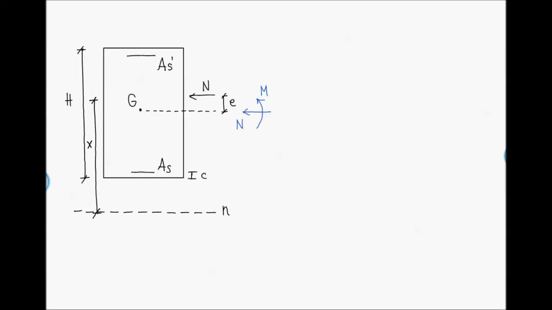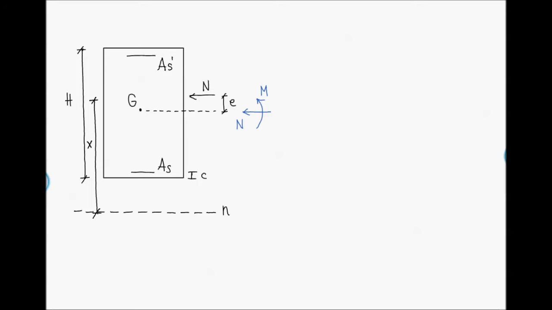Well, in this situation, the centroid of the ideally resistant cross-section is coincident with the centroid of the concrete cross-section. We have an eccentric axial force with an eccentricity E. The neutral axis falls out of the cross-section at a distance, and we have indicated with X the distance between the point of application of the axial force N and the neutral axis.